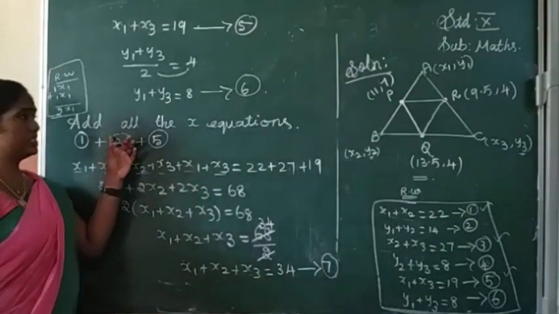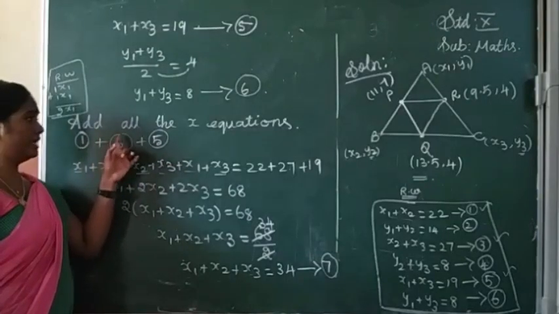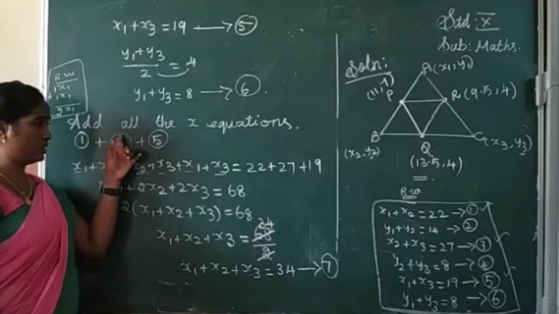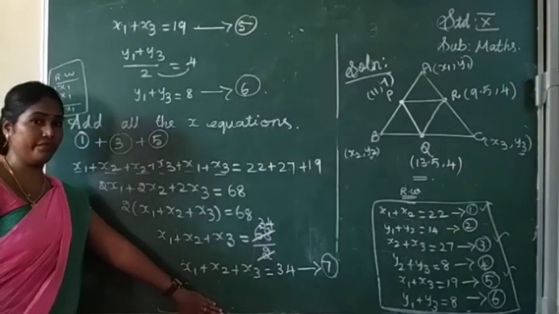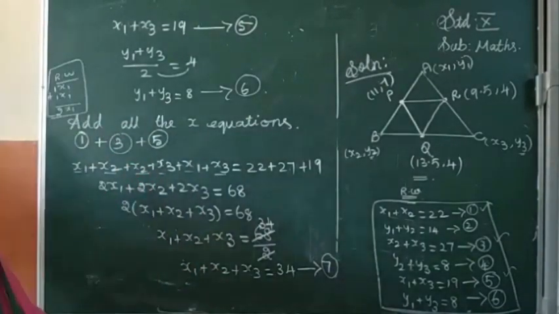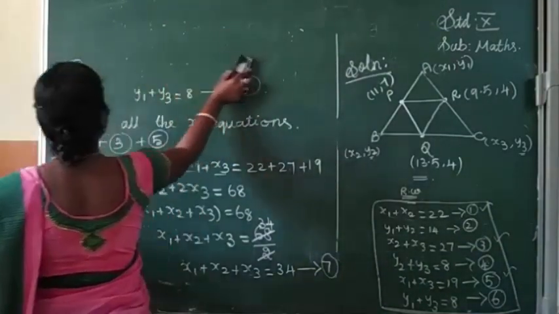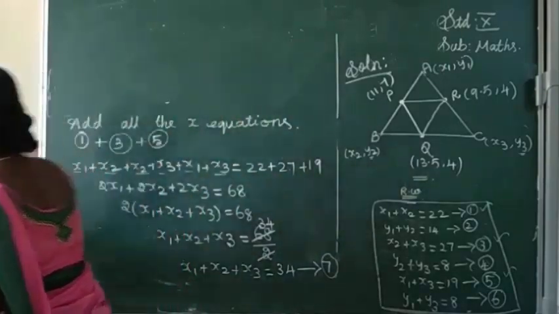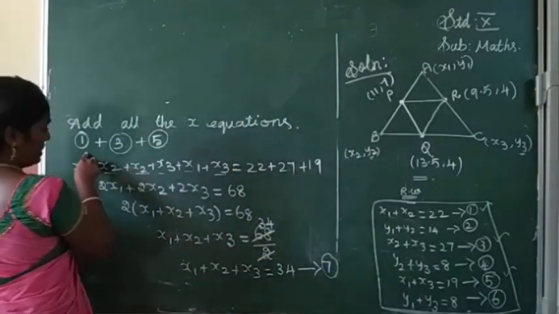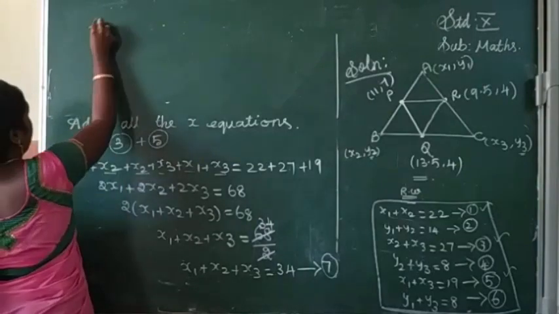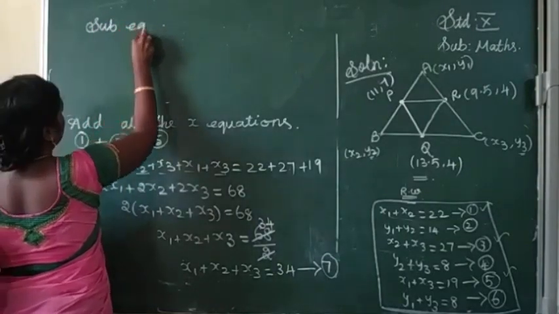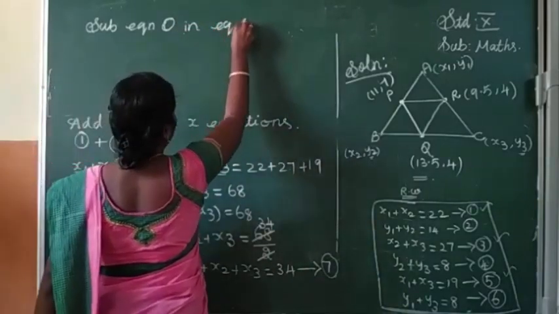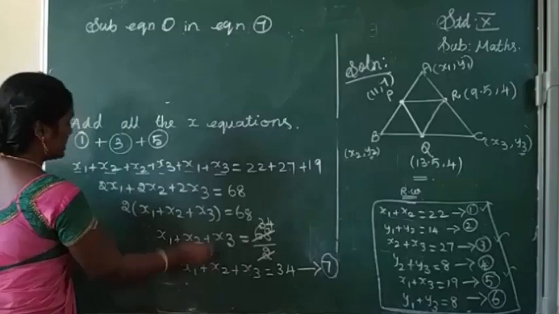So we took the equations 1, 3, 5. We are going to substitute these equations separately into equation 7. What is the first equation you took? Equation number 1. So first write: substitute equation 1 in equation 7.